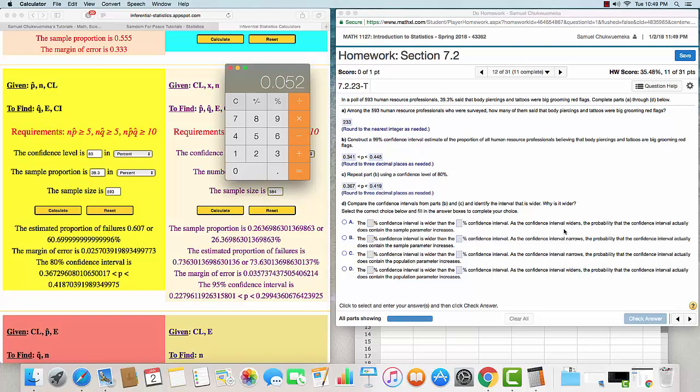When we are constructing, remember this is estimating population parameters. And in this specifically, we are estimating population proportion. So we're using the sample to estimate the population, because having access to the population is difficult.